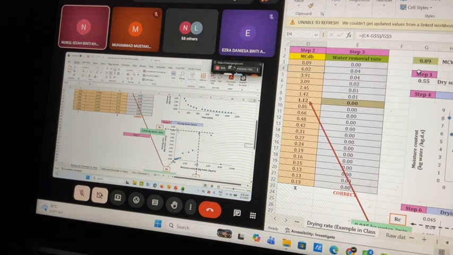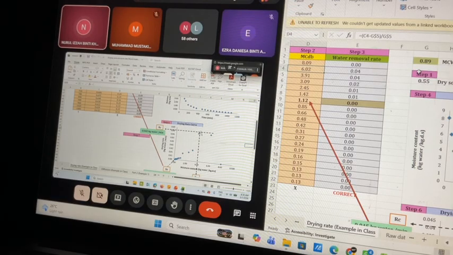This one is your constant rate, so you go here. Okay, the constant rate is at this point. This is the initial rate, and then it goes to the constant rate, and then to the falling rate. This is your falling rate, and this is the point where it becomes 0.